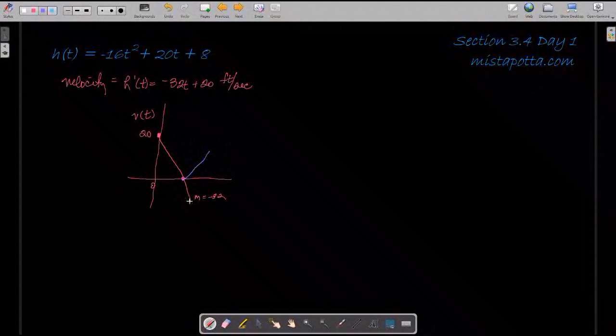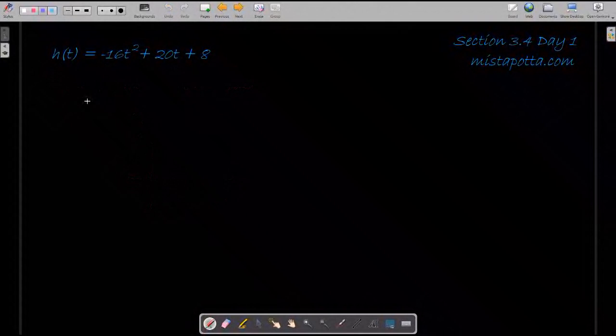Now increasing in the negative dimension, mind you, but I'm still going to be going faster and faster. It just happens to be down. My speed is the absolute value of my velocity.